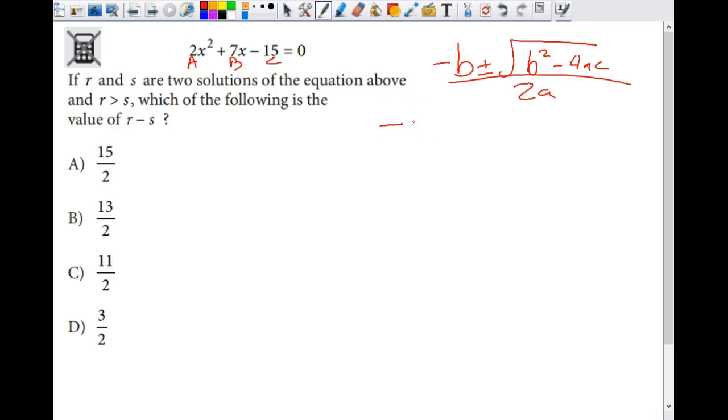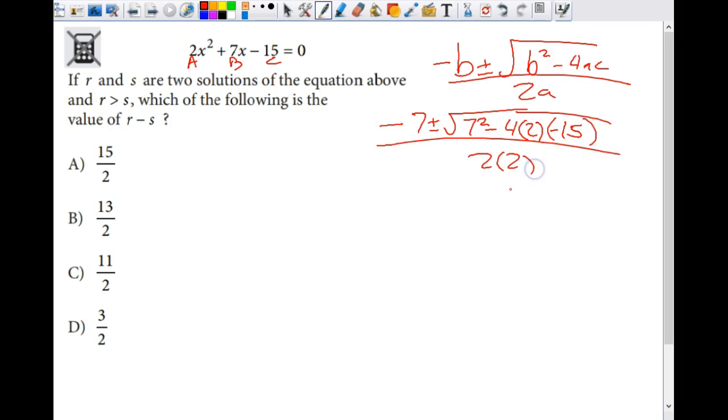So you have the A, B, and C coefficients, and you plug them in. Negative b is negative 7, plus or minus the square root of 7 squared minus 4 times A, which was 2, times C, which was negative 15, be careful with that negative, divided by 2 times A, which is 2. Okay, we need to start putting these numbers together.